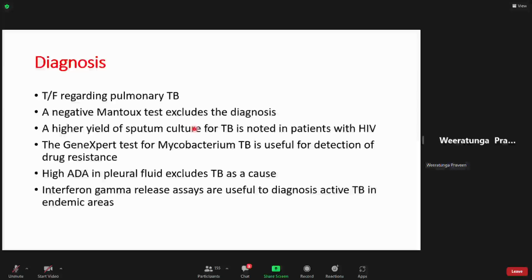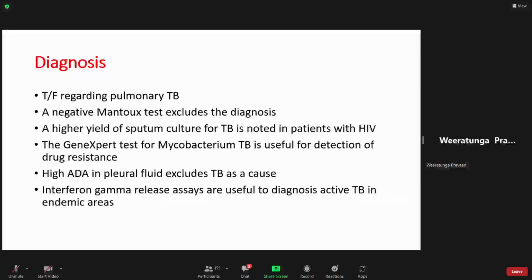So remember, the Mantoux test just tests the immune response against tuberculosis, nothing else. Higher yield of sputum TB is noted in patients with HIV. HIV patients have overwhelming tuberculosis, which is not controlled by their immune system, so obviously they have a higher bacterial yield.